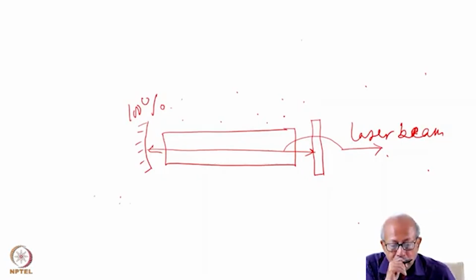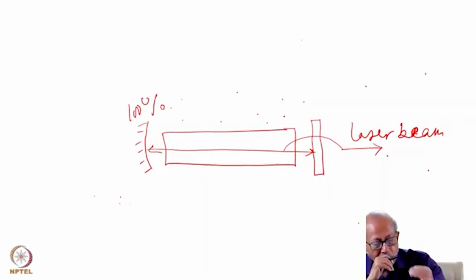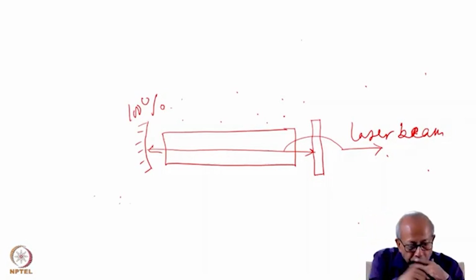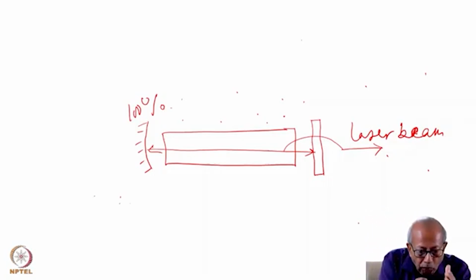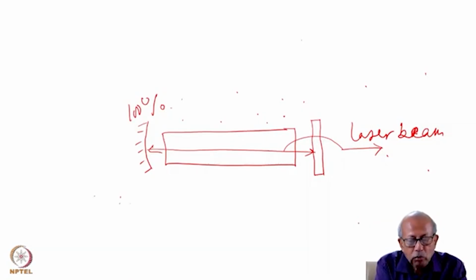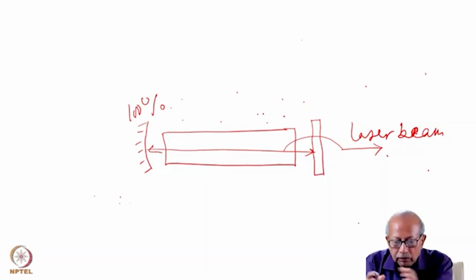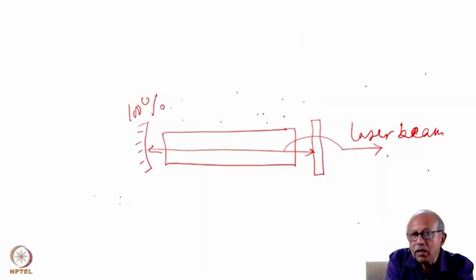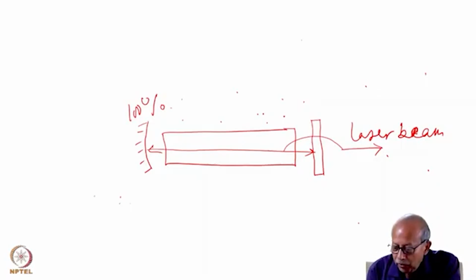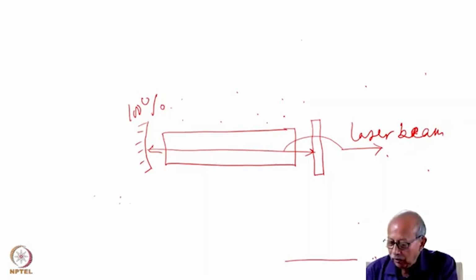Now, how do you do that? Before that, you must know that the output of the second laser operates at a wavelength which is different from the wavelength at which this laser would lase. Let us consider the typical energy level diagram. Let us consider the case of a 4-level laser. So we have the source level, that is the ground level, in which all the atoms or molecules initially reside.